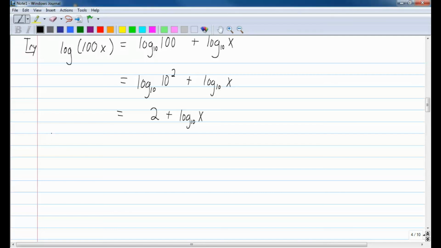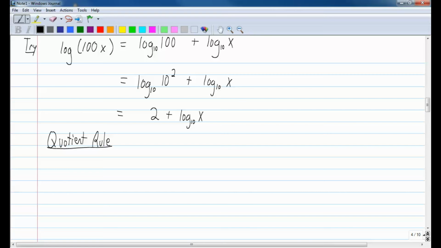The next rule we're going to look at is called the quotient rule. This is the quotient rule for logarithms. Quotient means divide. When you hear the word quotient, you should think fraction, because quotient and fraction are the same.